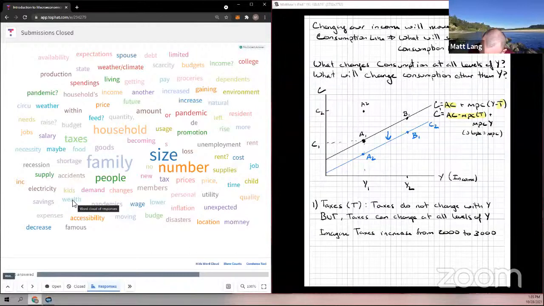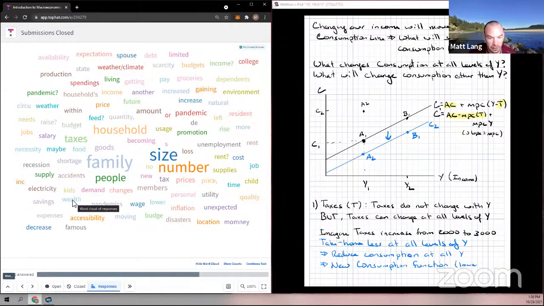So when taxes go up, we take home less at all levels of Y. What does this mean? We reduce consumption at all Y. This means we have a new consumption function that is lower or below our initial one, right?